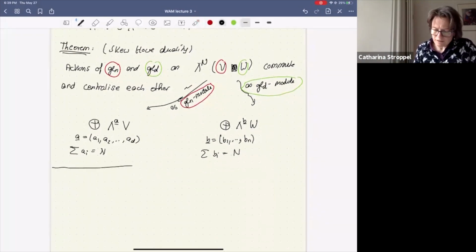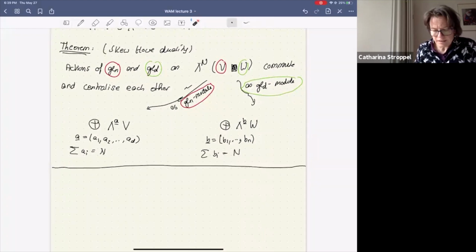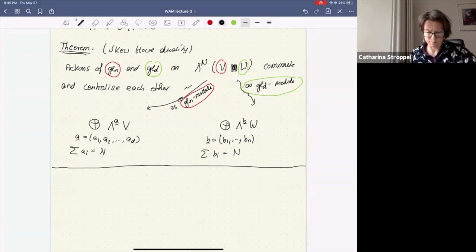Okay, so now the question is, can we somehow understand these modules here? And can we somehow understand morphisms between these guys? And this is the next goal. I will next time explain why we would like to understand the morphisms, because they are useful for categorification.